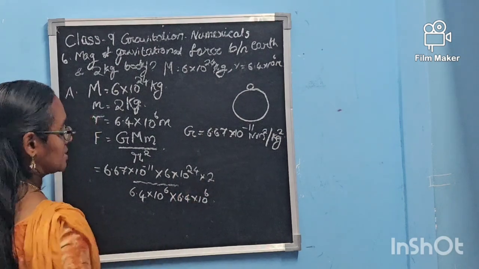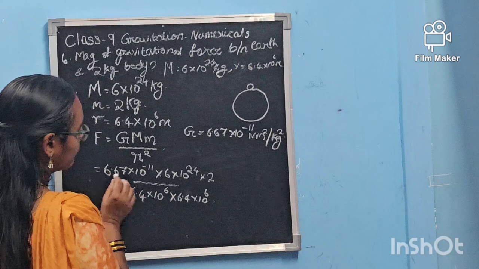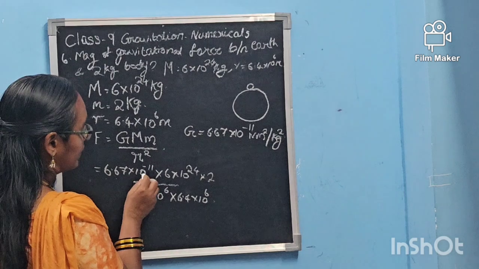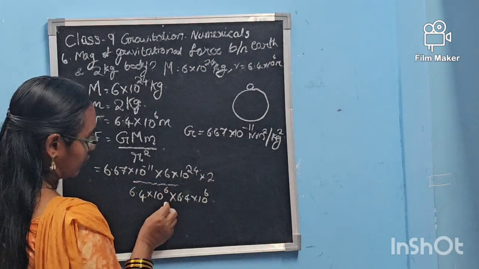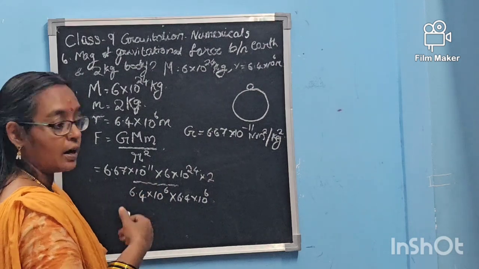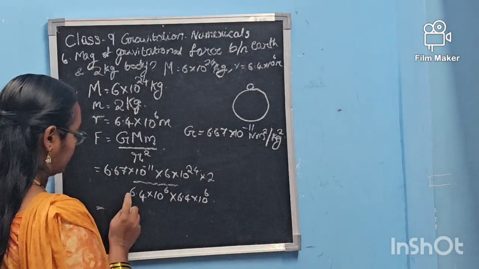That is 2 times. Then these numbers you can multiply and divide. There is no problem in it. But what about the 10 raised to 11, 10 raised to 24, 10 raised to 6, 10 raised to 6 and all? All these we have to find now itself. Then it will be very easy for you to find quickly.